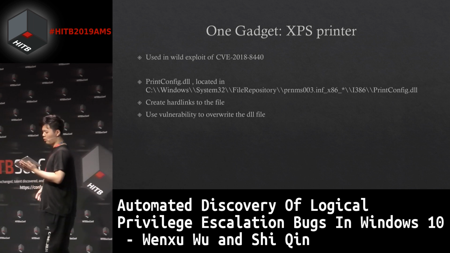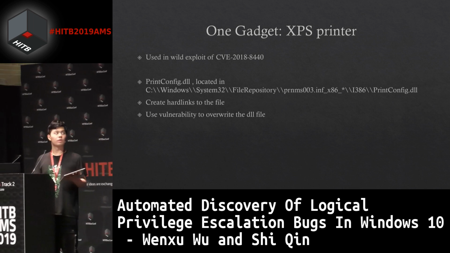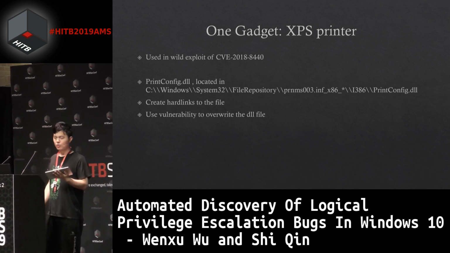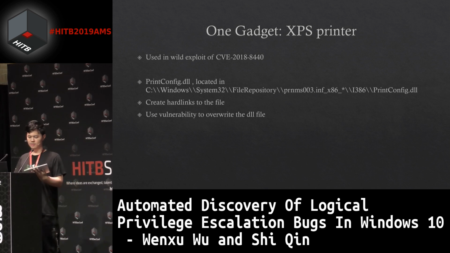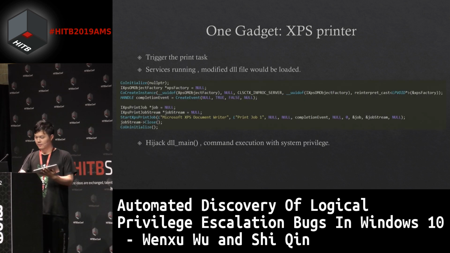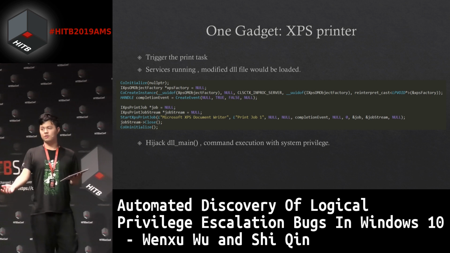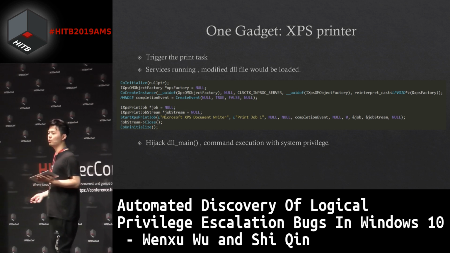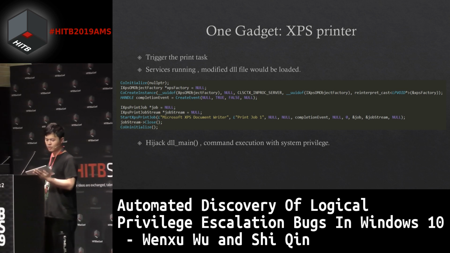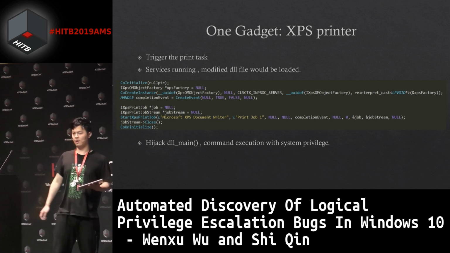The target DLL file we want to rewrite is located in such folders. When you create a hard link to this file and trigger the vulnerabilities, you will finally find that when the service starts running, your DLL will be loaded and you will get code execution with system privileges. You just need to hijack the DllMain function and everything will be done.